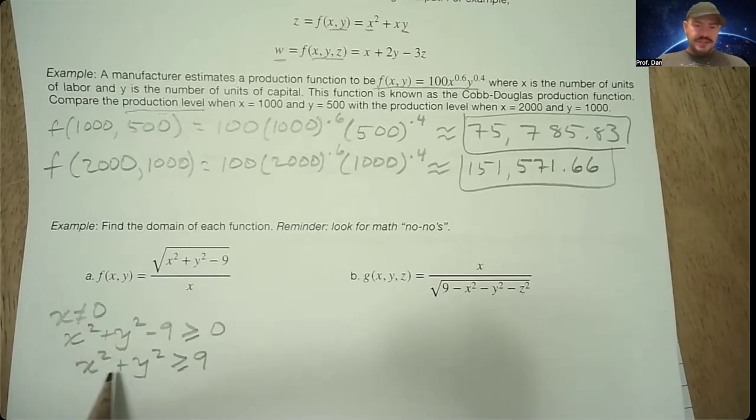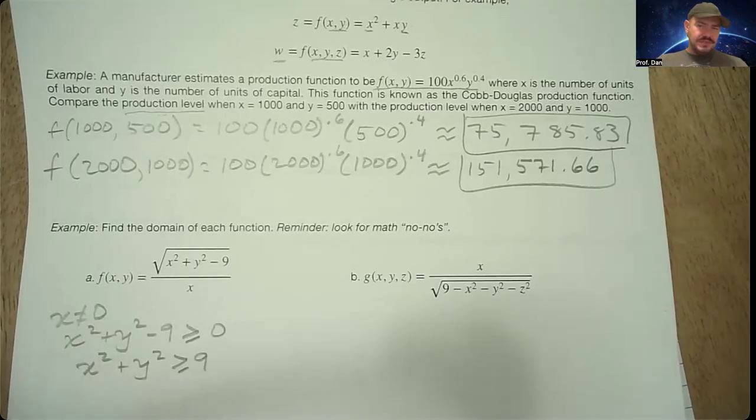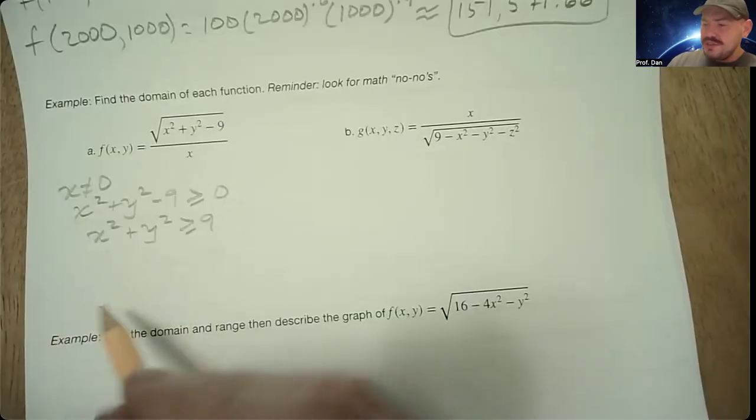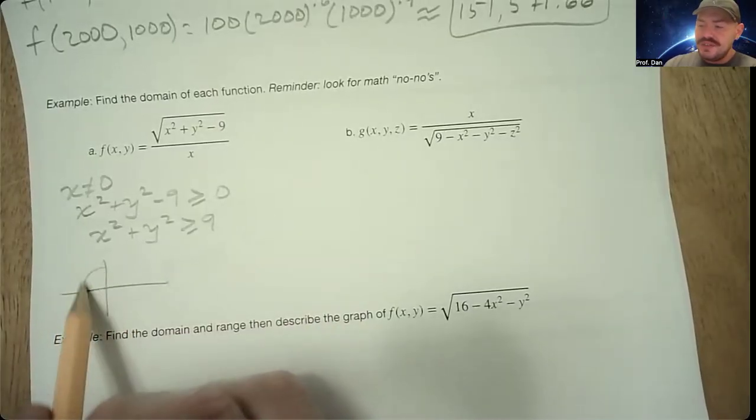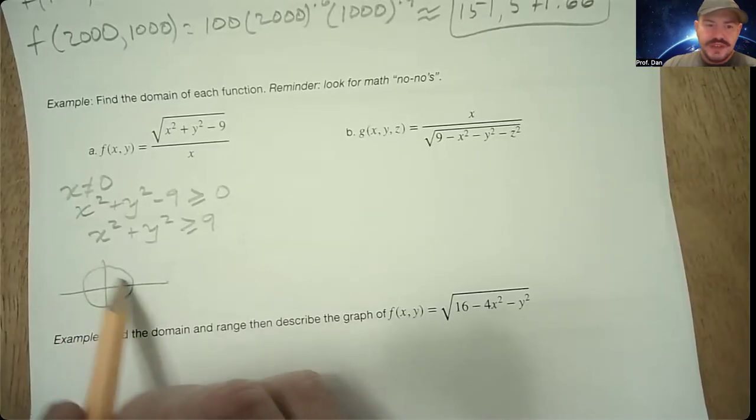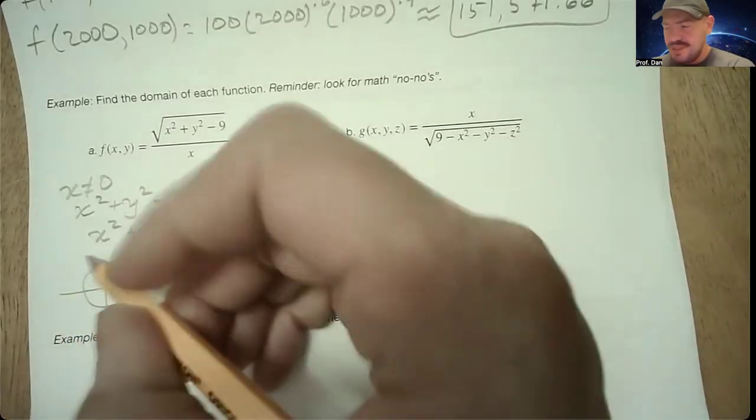Fortunately for us, this is centered at the origin, so when x is 0, well, actually we should write that as well. So the domain is essentially going to be anything that is outside of this circle with radius 3 that does not have an x coordinate of 0.